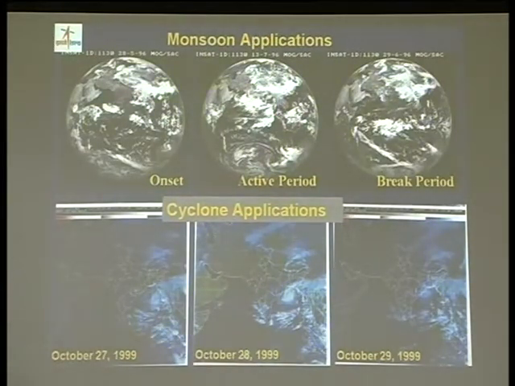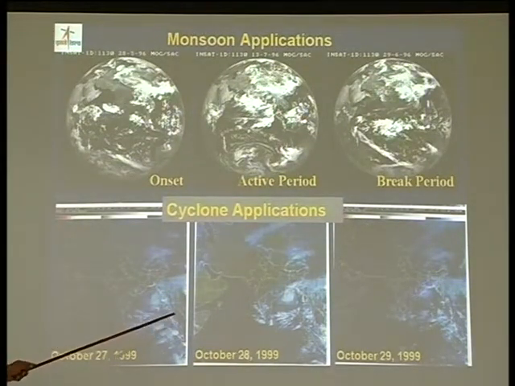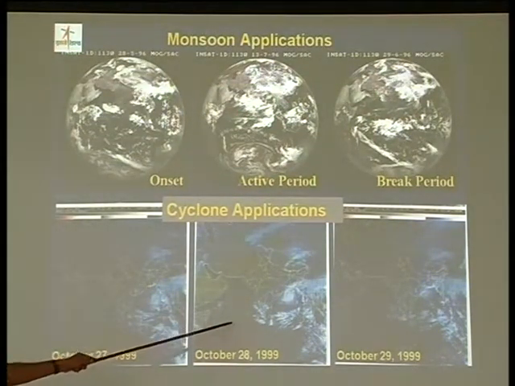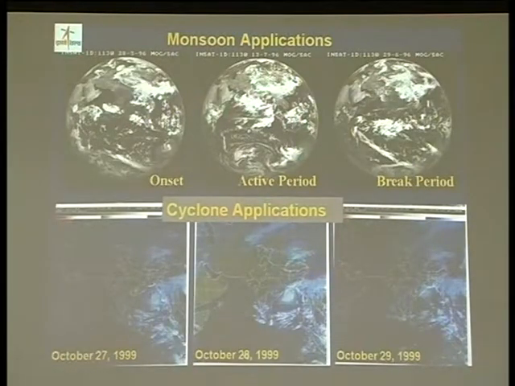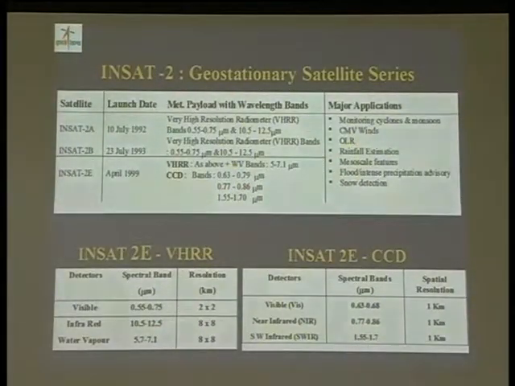So we could monitor the progress of the monsoon over Indian region from infrared and visible channels, as well as we can monitor the cyclone from this type of satellites, daytime as well as nighttime from infrared sensor. So most of these satellites were mostly providing qualitative information.